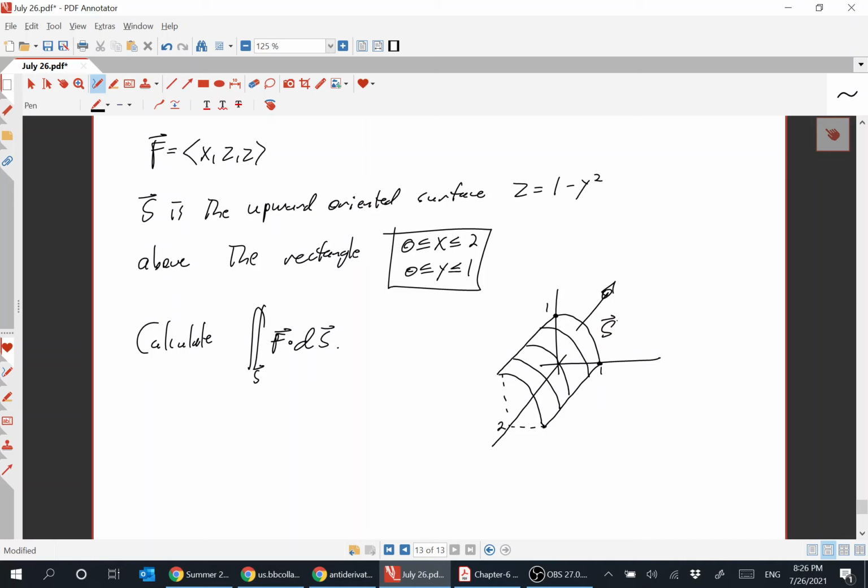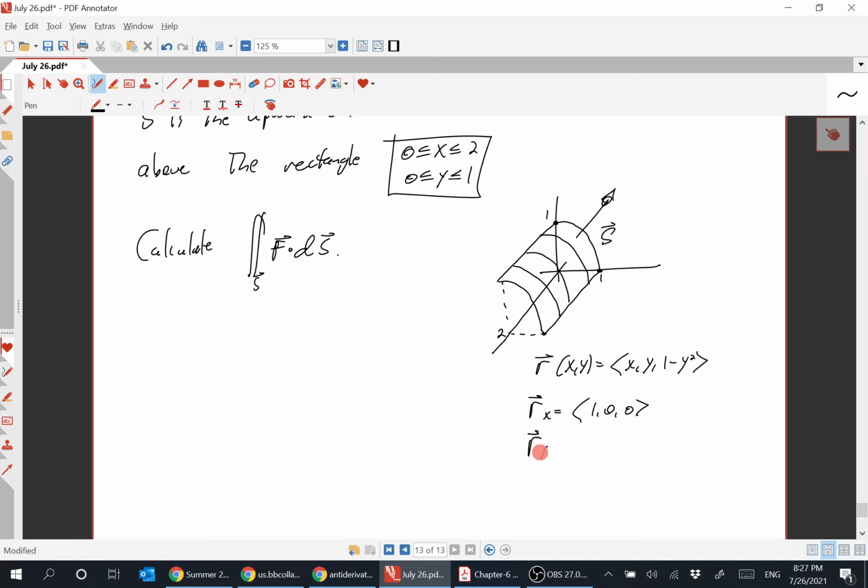Okay, well, in order to calculate this, we need to parameterize the surface. We can do a standard parameterization, r of x, y, where x is x, y is y, and z is f of x, y. Now we need those partial derivatives. Partial of r with respect to y looks like that. And the partial of r with respect to x, in a standard parameterization, and the partial of r with respect to y are in the direction of the x and y axes.